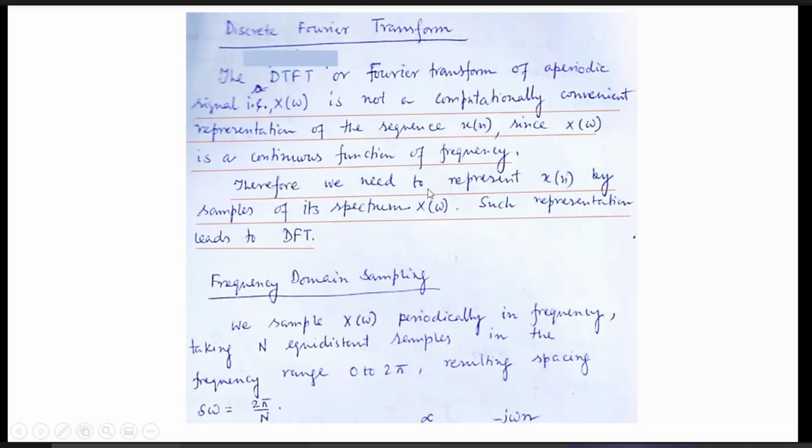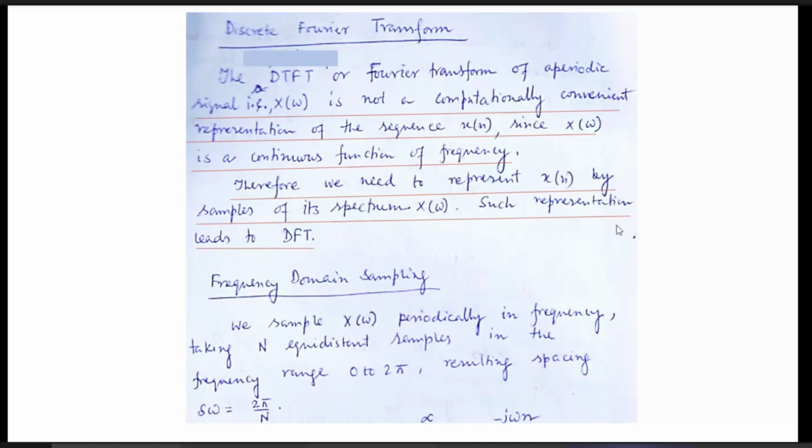Therefore, we need to represent x of n by samples of its spectrum X of omega. Such a representation leads to the DFT, discrete Fourier transform. So the DTFT gives you the frequency domain representation of a discrete signal over a continuous frequency range.